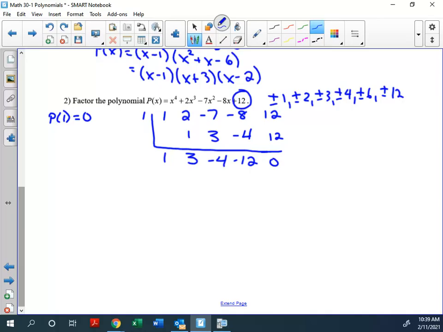So now I need to factor the polynomial x cubed plus 3x squared plus 4x minus 12. Notice how my constant is the same. It's still negative 12. I have the same potential zeros. So I'm going to start evaluating again.